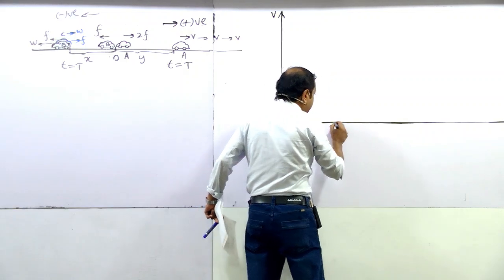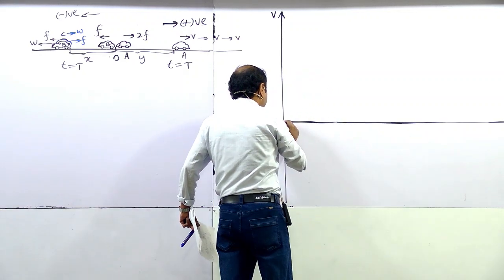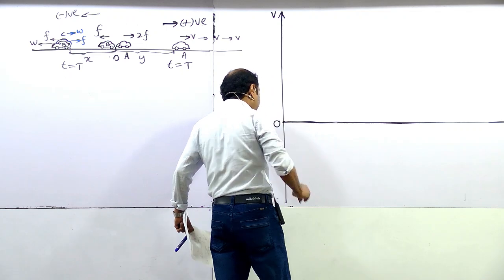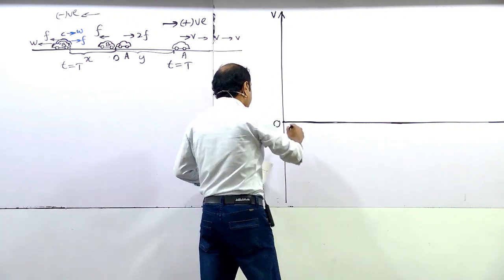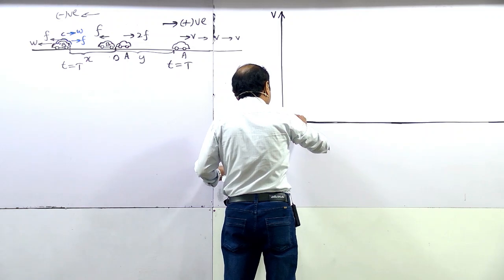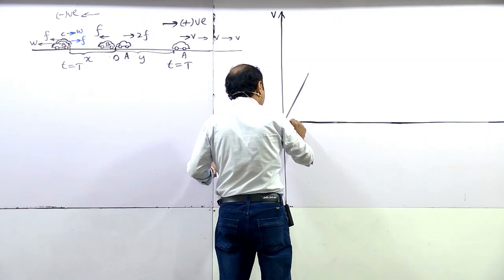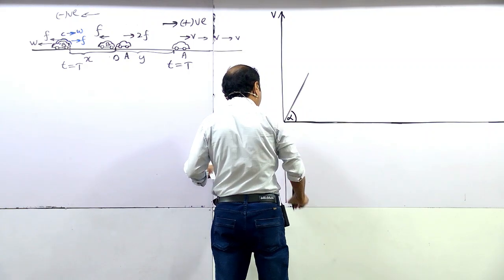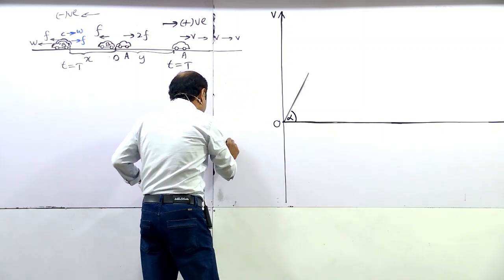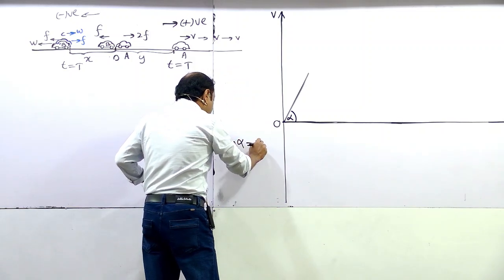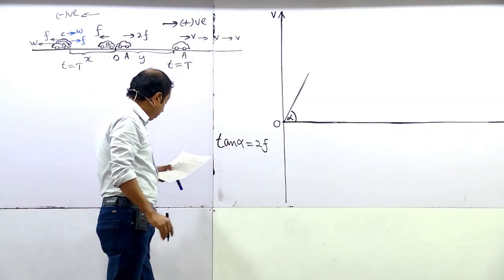That should begin the motion from here, time 0, velocity 0. That moves like this with acceleration 2f, right? Let us take this angle as alpha. Then tan alpha is the acceleration of car A, given 2f.